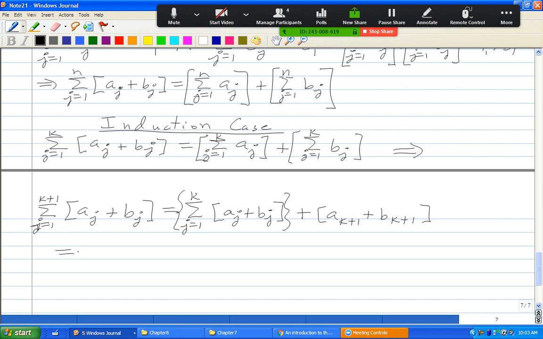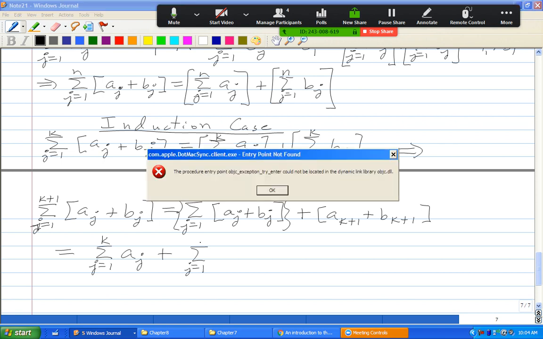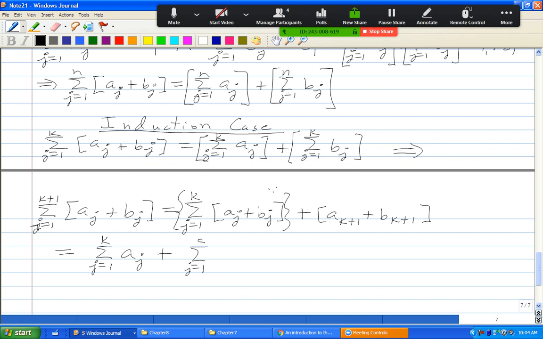By the induction hypothesis, this first quantity here is just equal to the sum j equaling 1 to k of a sub j plus the sum j equaling 1 to k of b j plus this last term, so a k plus 1 plus b k plus 1.